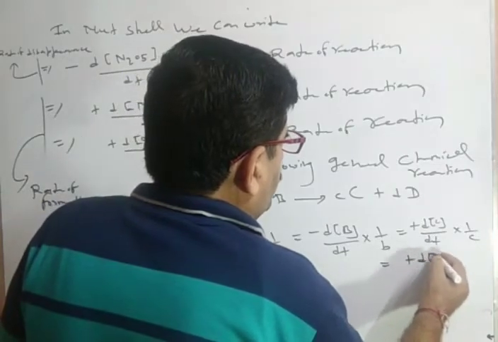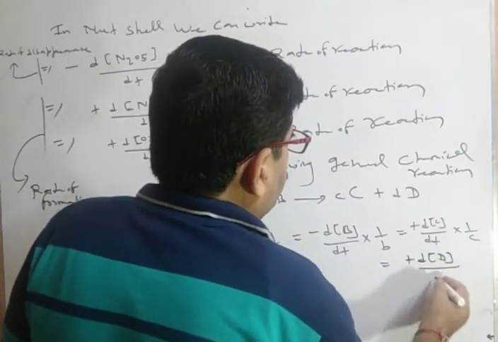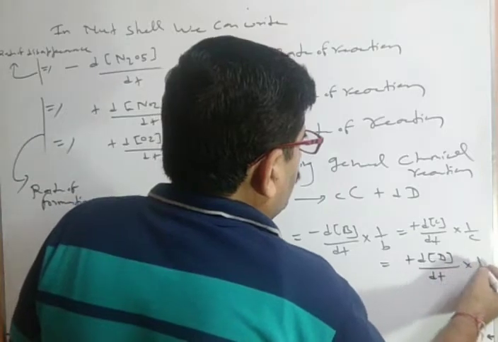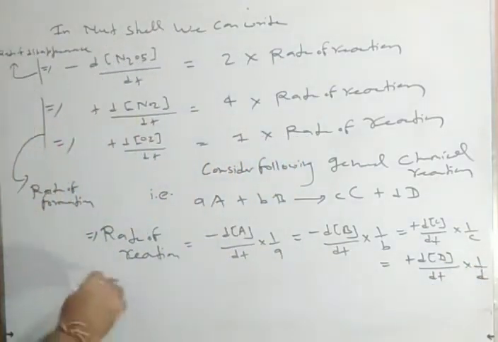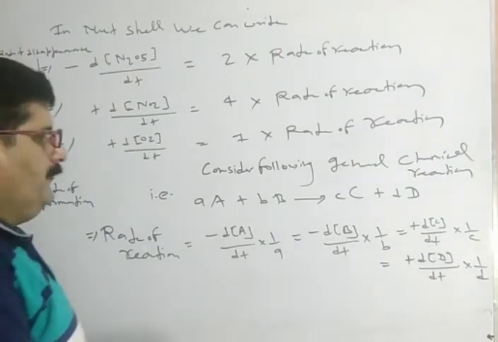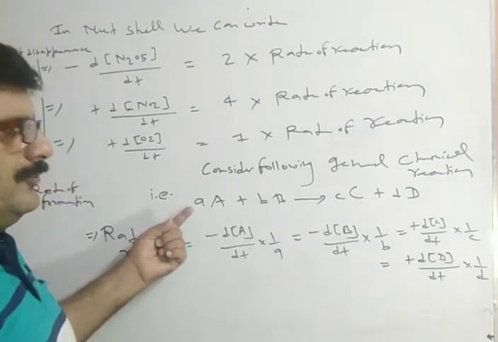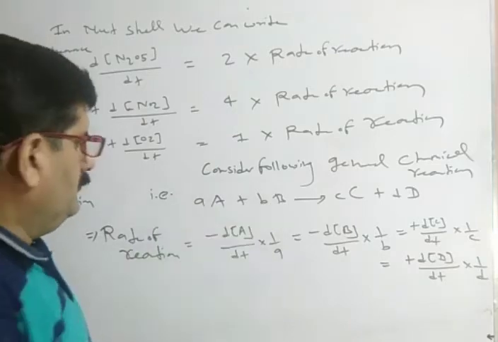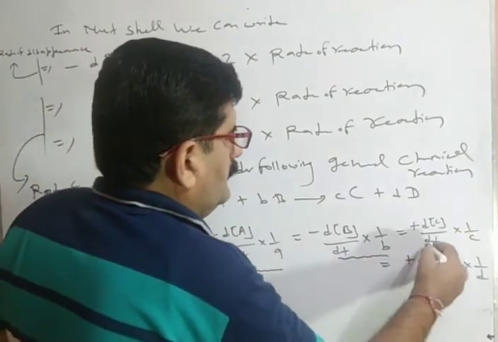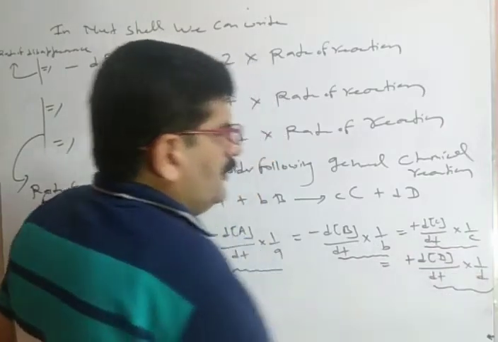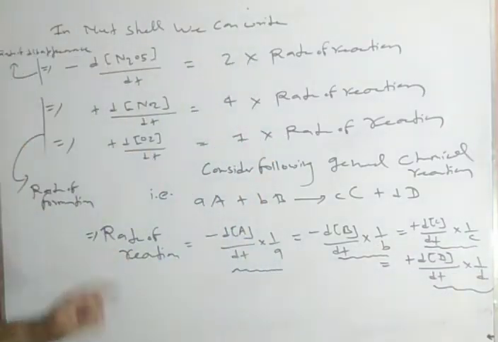Plus d capital D concentration by dt into 1 by d. So rate of reaction becomes equal if stoichiometric coefficients are involved. Such terms are known as what? Rate of reaction.